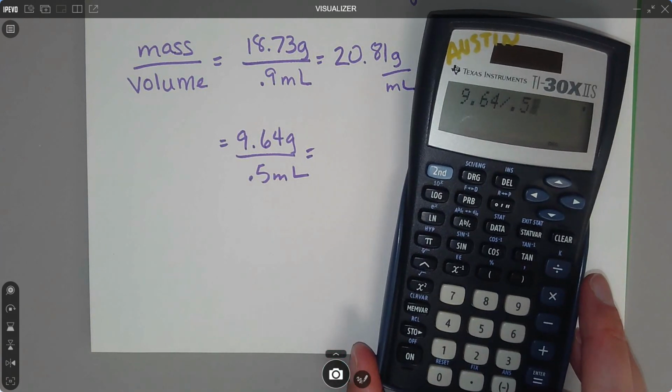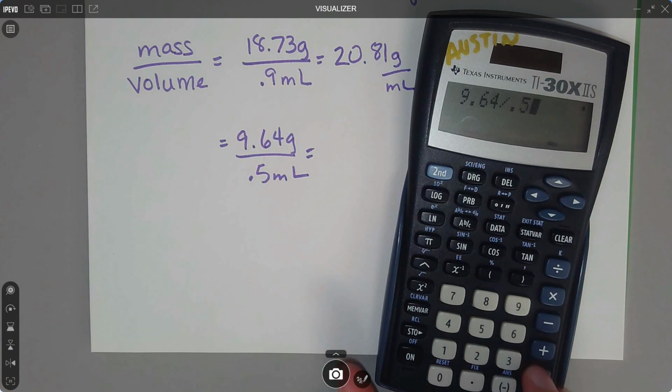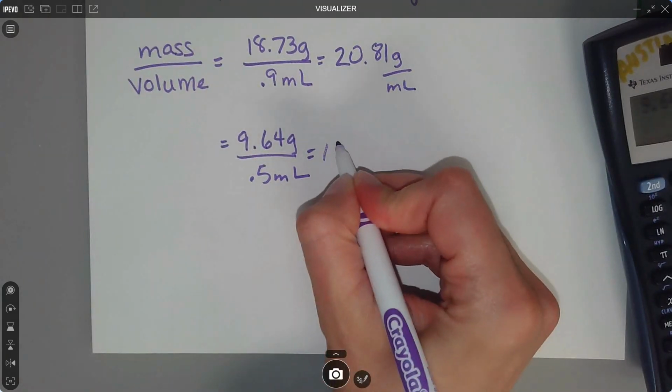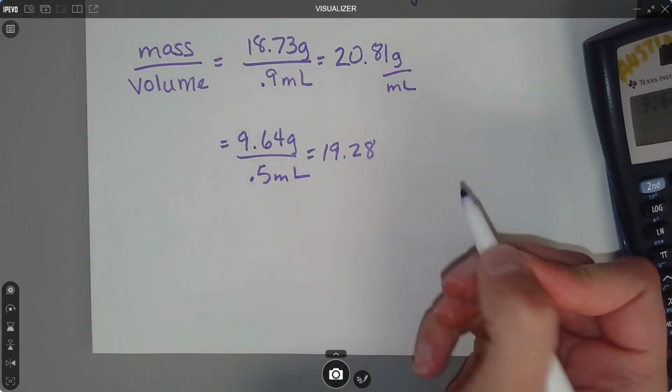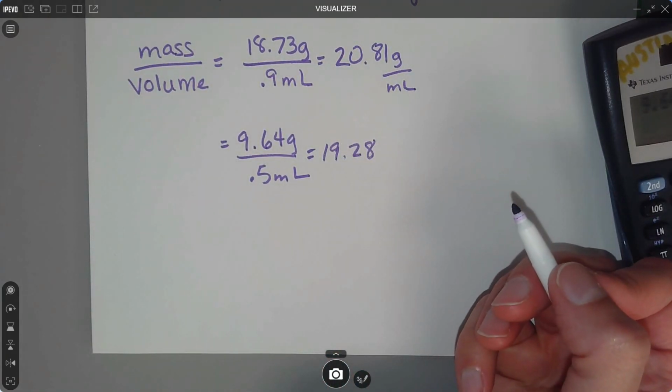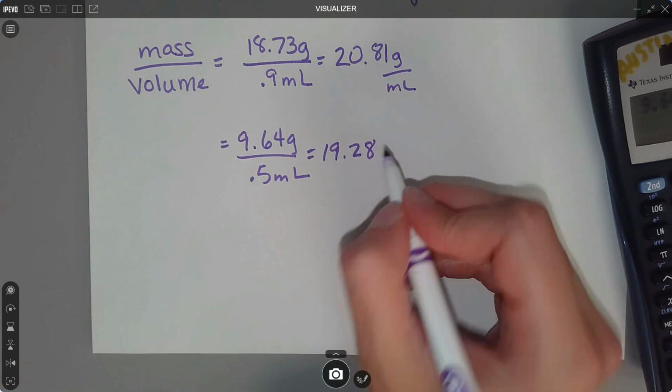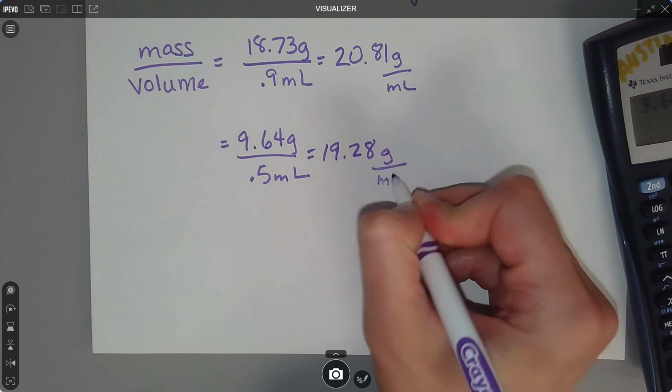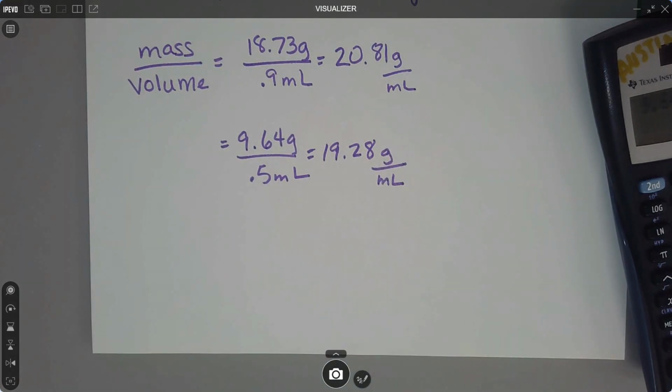Are you guys paying attention? What do we get? 19.28. Once again, did I cancel out any units of measure? No. So where are they? On the right side, still dividing each other there. That's the answer. Okay.